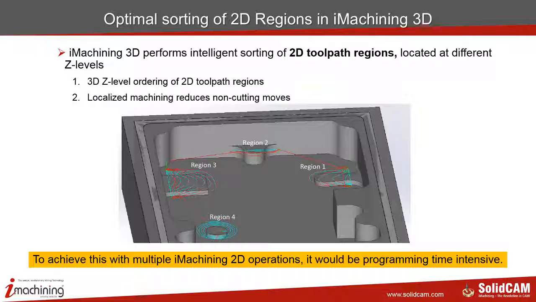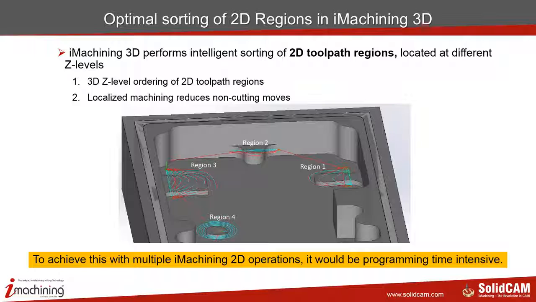Now, if I would go back to my other screen for a moment, what you see here is very simple. This is what I talked about, the different regions. Okay? You see it machined each region individually, and this is done with the iMachining 3D performs intelligent sorting.